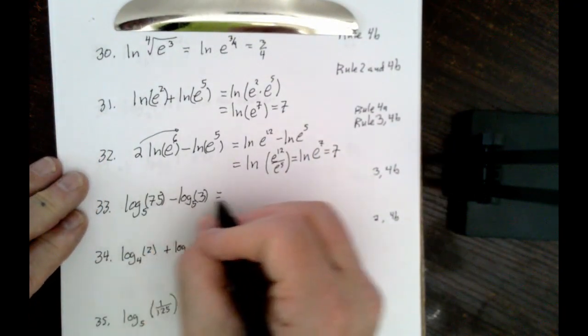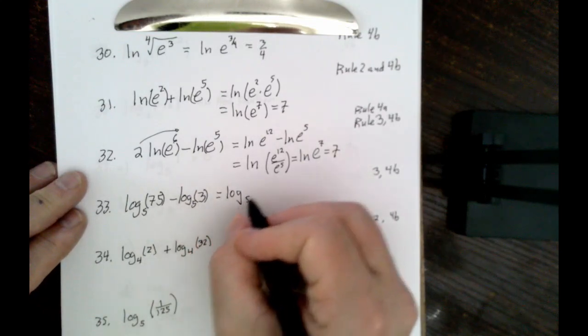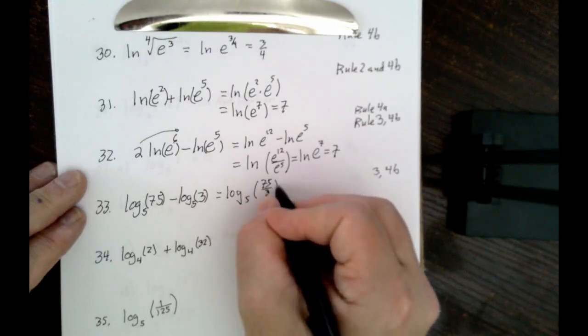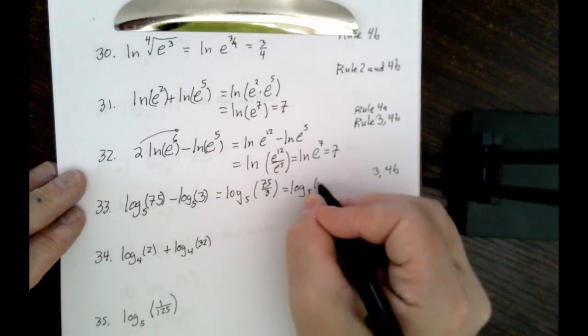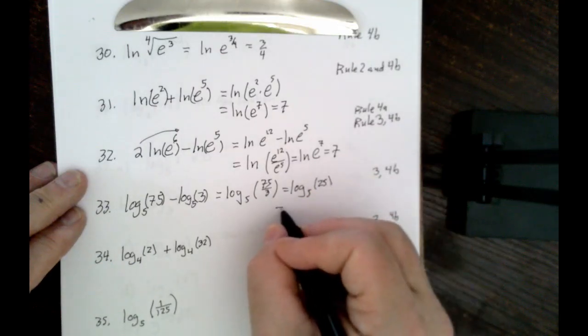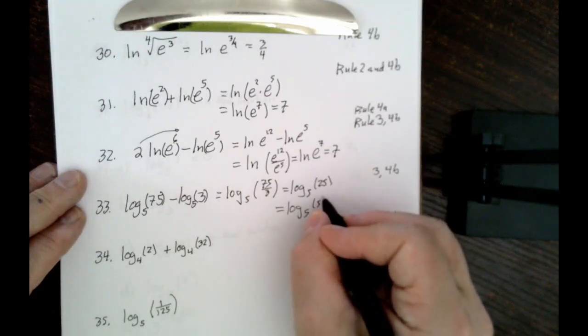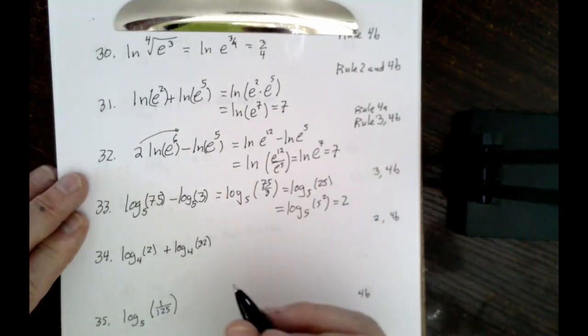Okay, in this one you can bring these together and write this as division using Rule 3. 75/3. And we know that's 25. And finally we can write 25 as 5 squared, which by Rule 4b tells us the answer is just the exponent, 2.